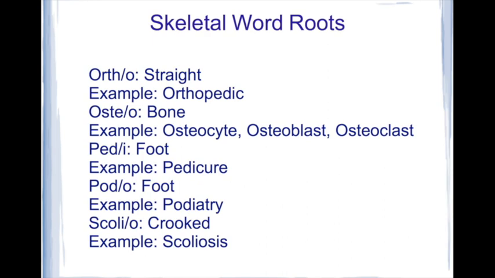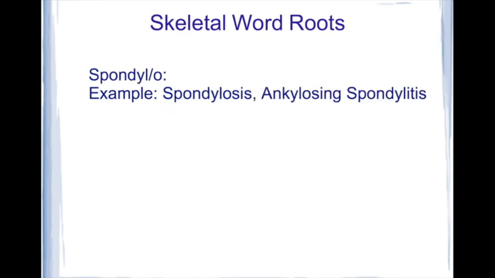Okay, spondylo, like spondylosis, or hey, we just talked about it, ankylosing spondylitis. So spondylosis is just a general term, any form of condition that has to do with the vertebrae. Think about ankylosing spondylitis, inflammation of the vertebrae that causes the vertebrae to become crooked.